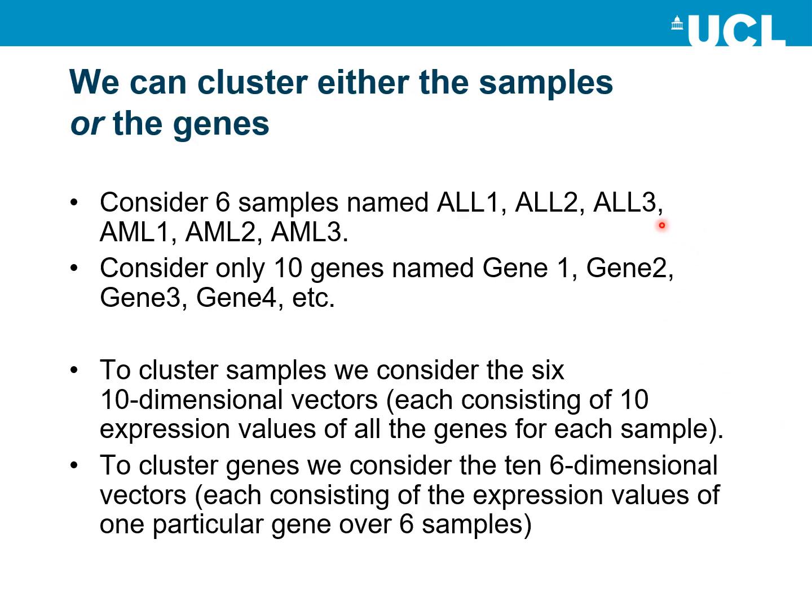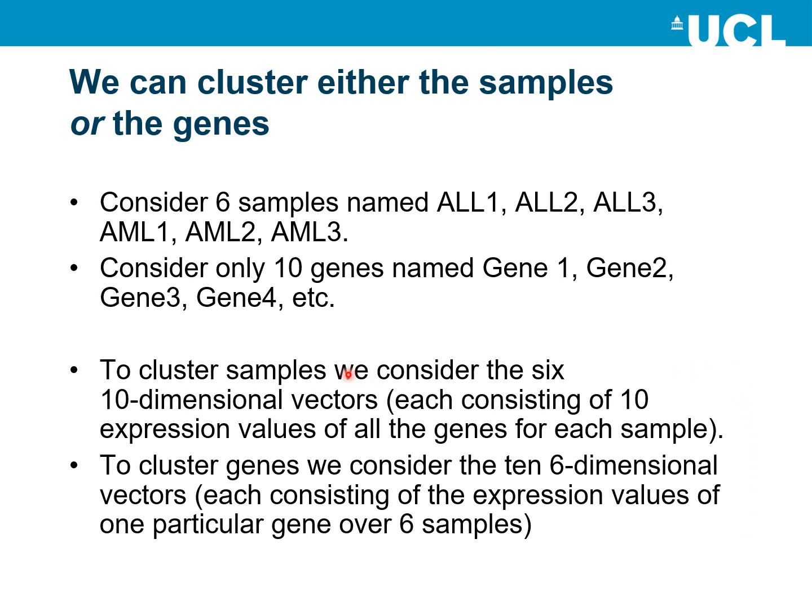So we'll consider this scenario: 6 samples named ALL1, ALL2, ALL3, so these are lymphoid leukemias, and AML1, AML2, AML3, so these are myeloid leukemias. And we're going to only consider 10 genes, named gene 1 to gene 10. So we have two approaches.